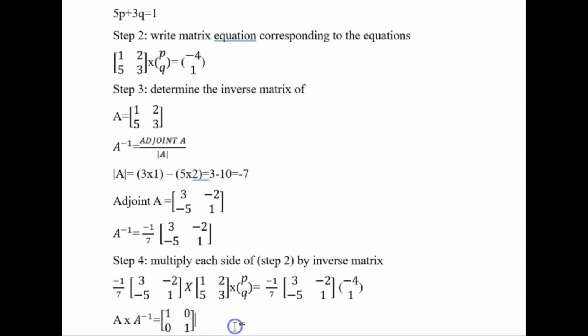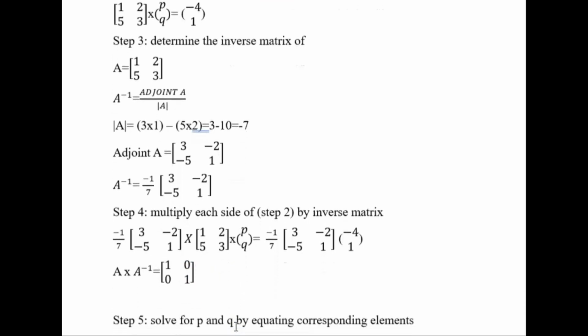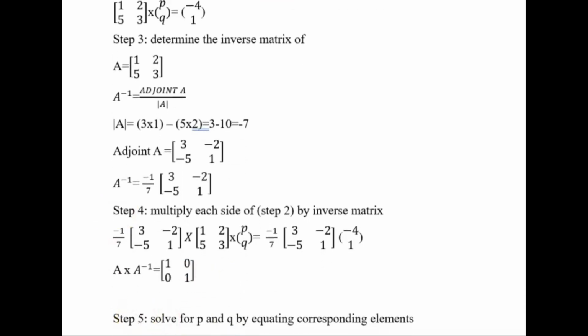So for 2 by 2, A times A inverse should give you 1, 0, 0, 1.